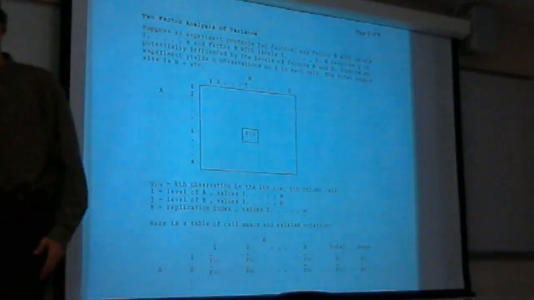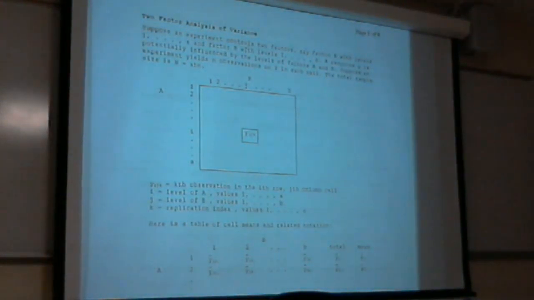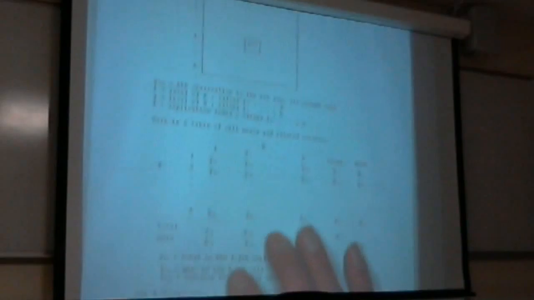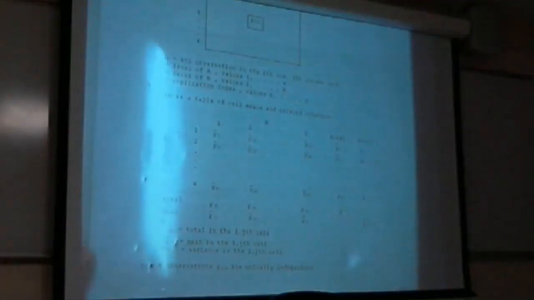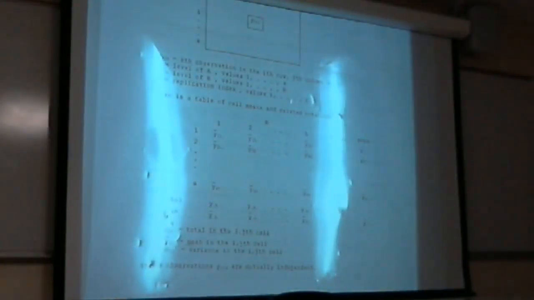Now when we have data that looks like that as our start, one of the things we can do is to produce a table of what we call cell means. So that's the second layout that sits here in front of your eye. There's a graph there.